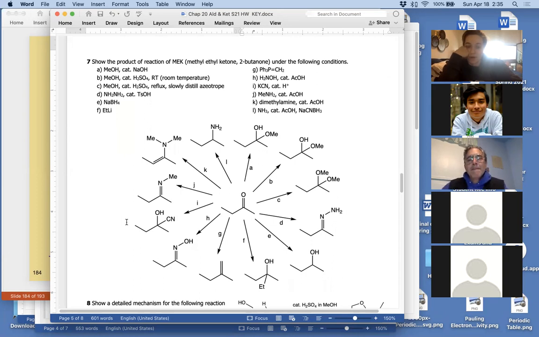So for L, what is this sodium cyanoborohydride? That reduces the intermediate cation. There's slides that show the mechanism on that. Oh, okay. All right. So that's reductive alkylation. Okay. Which one is that?